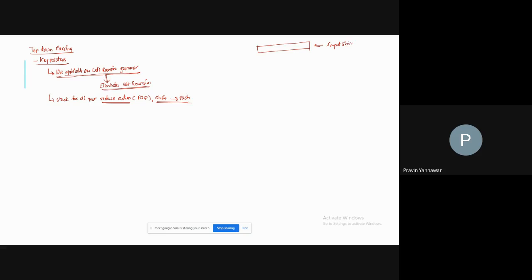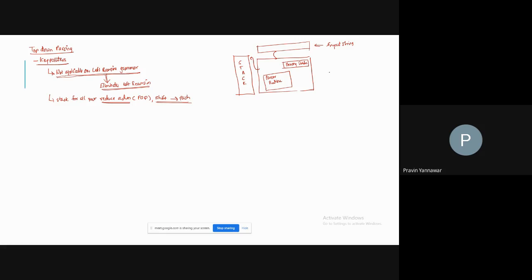Then you need a parser and a stack. The same architecture. So this is my stack, and this is the input string. Then it has two things here: this is called the parser routine, and this is called the parsing table.